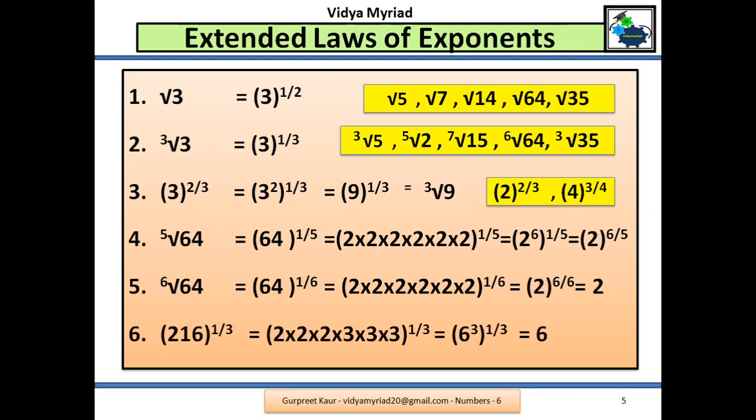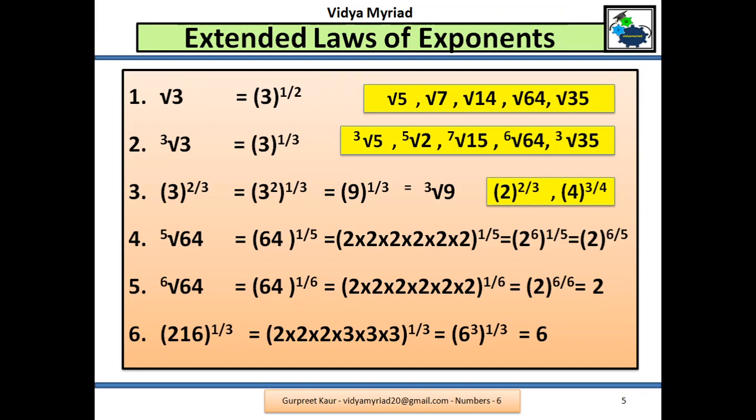Next, 216 raised to power 1 by 3. So the first step over here is I will find out its factors. It will be 2 into 2 into 2 into 3 into 3 into 3, which can be written as 6 into 6 into 6. Or I can write it as 2 raised to power 3 multiplied by 3 raised to power 3. I have done this rule.